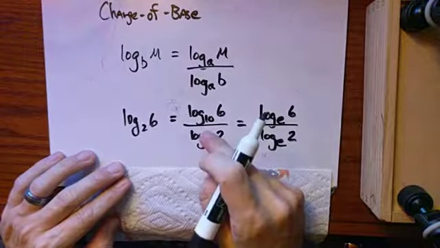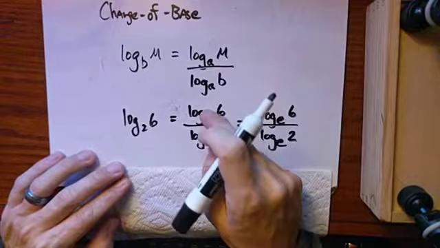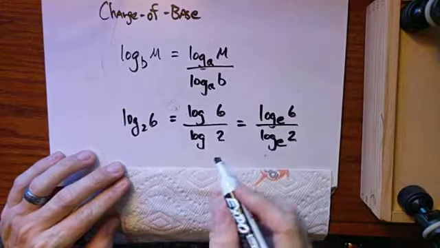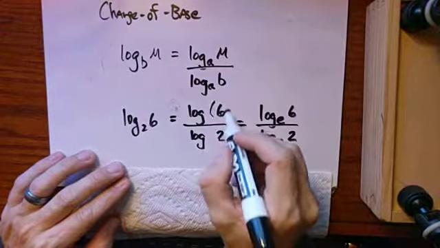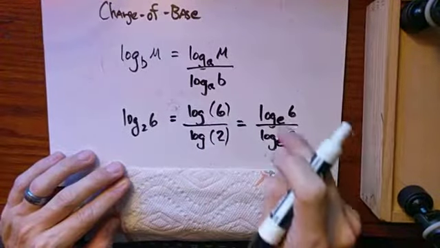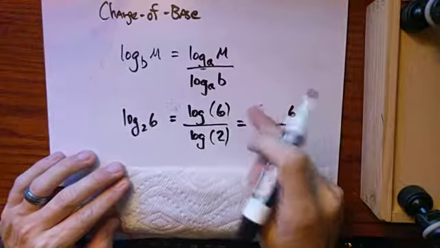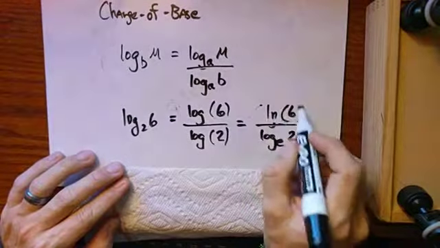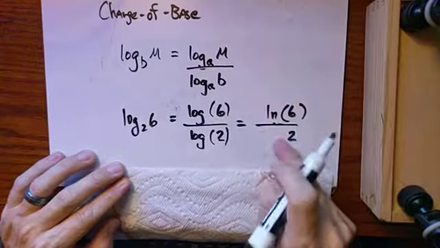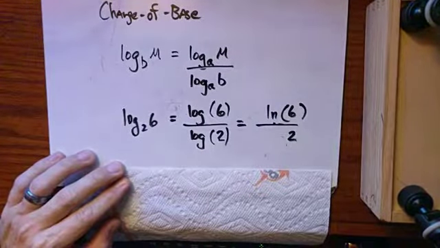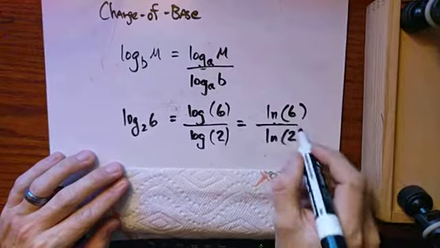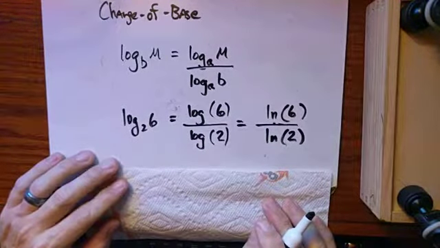In your calculator, log base 10 is just log. We just talked about how that's the common log, right? And in your calculator, log base e is natural log. So that's what that is.